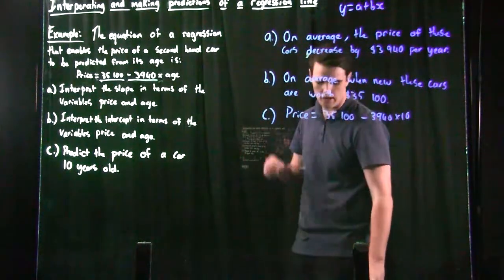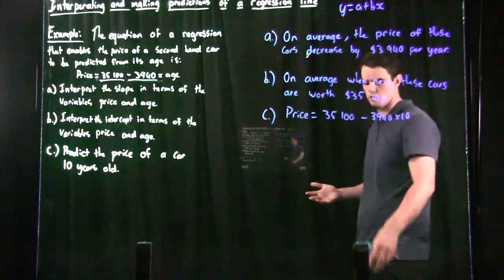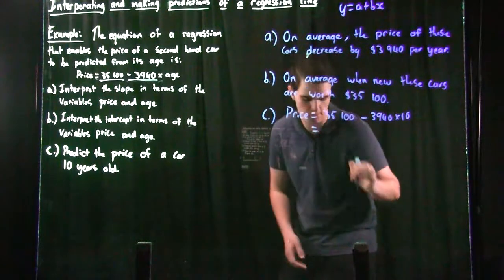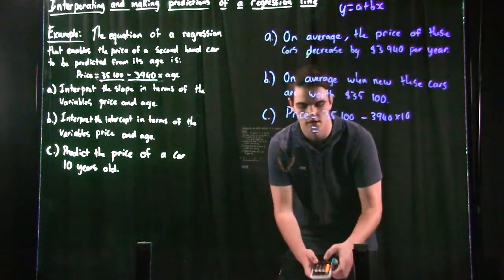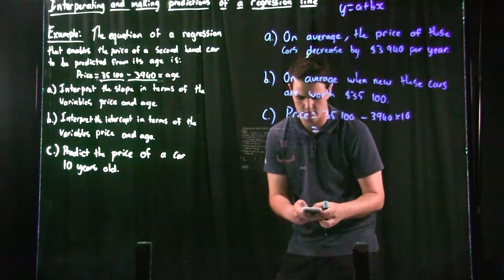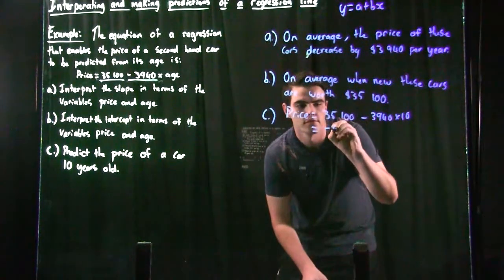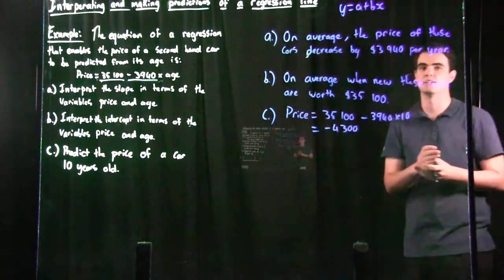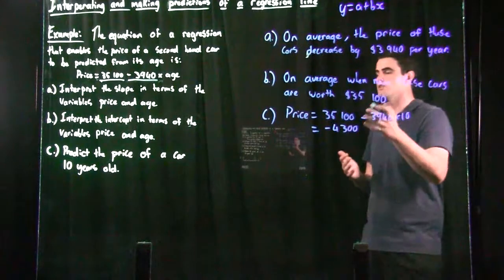So I've already substituted in 10, which was my age. When I put that in my calculator, remember if we want to fully break it down, and I don't even have the answer here, we get negative 4,300.